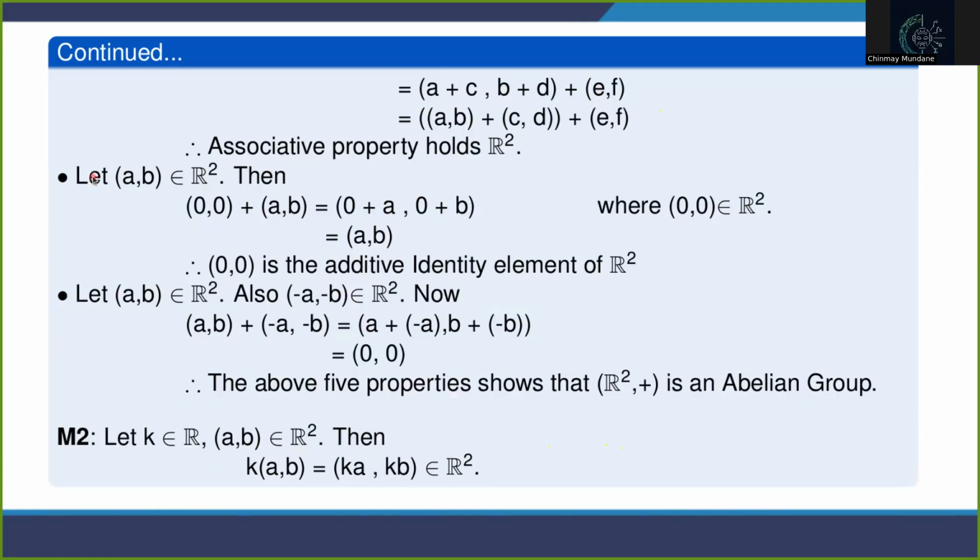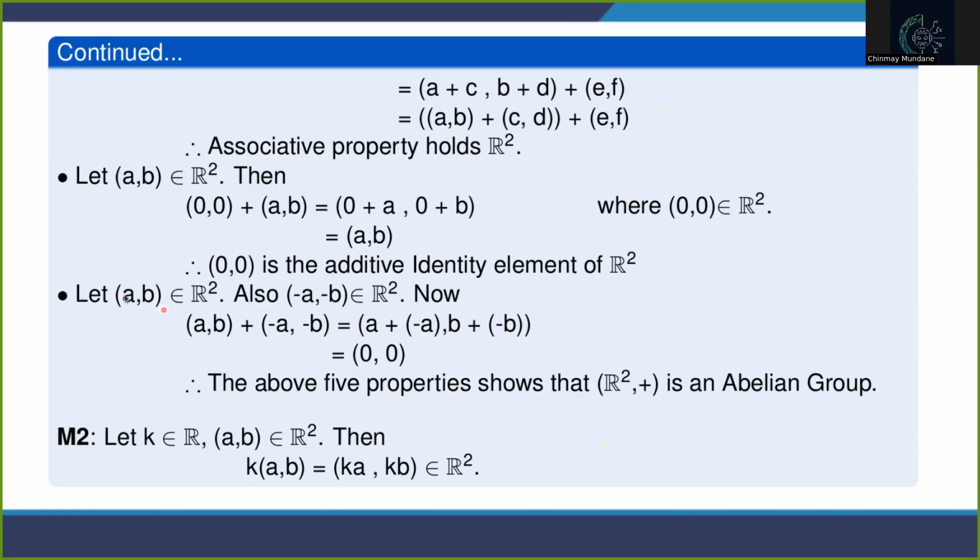So this is the fourth and fifth property. Let A comma B be a single vector in R square. Then if you add 0 to AB, you get the same value. So this is the additive identity of the R square vector space. This is the fourth, the identity element, and then there's a fifth.